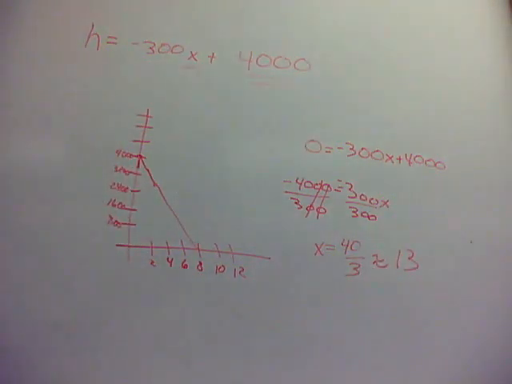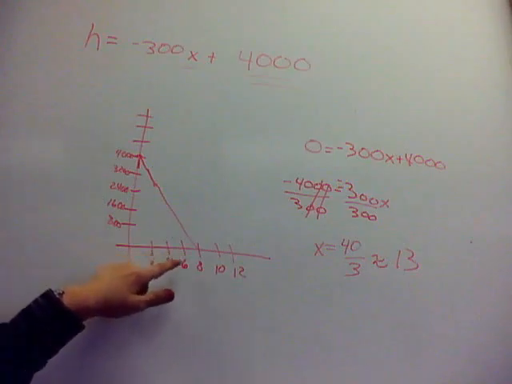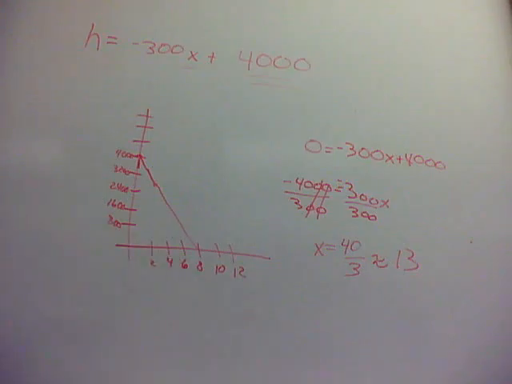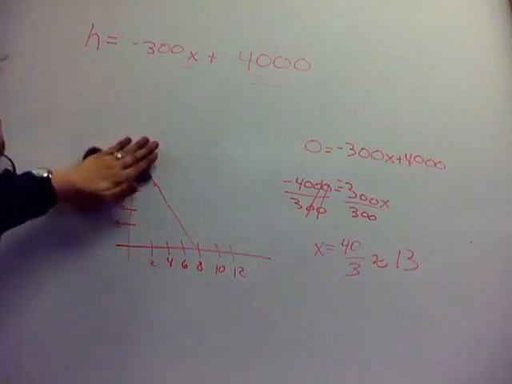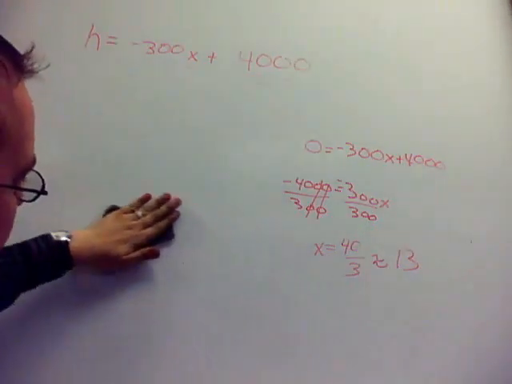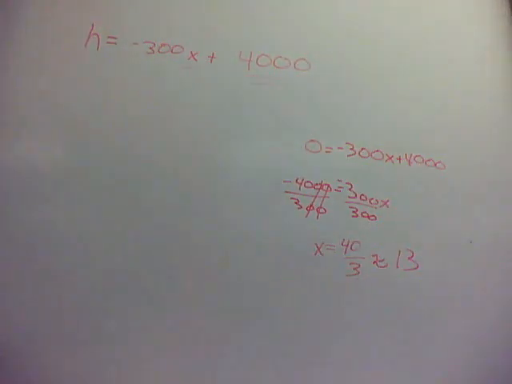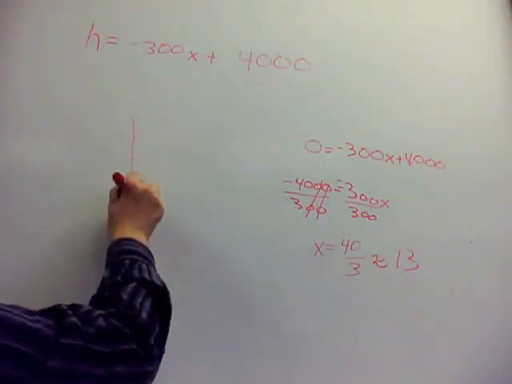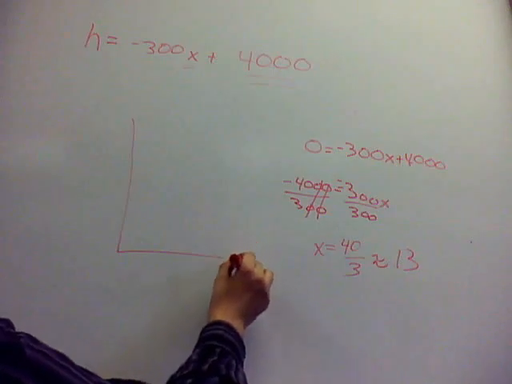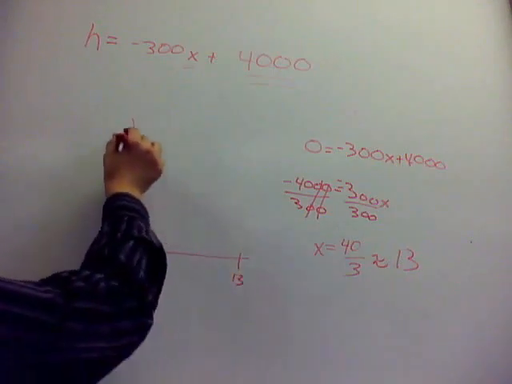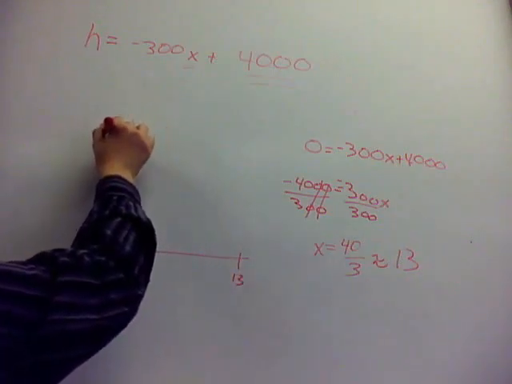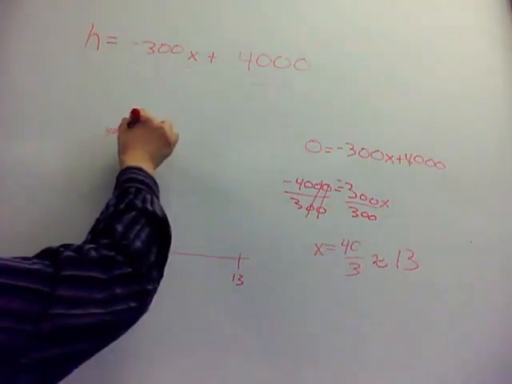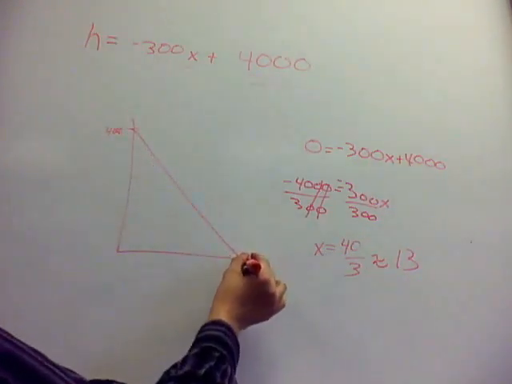So my graph was a little bit off because of spacing issues or something. What you should probably do is find out where the line crosses 0. We found it was approximately 13, so just say it's 13 right here, and 4,000 up here. And that's it right there.